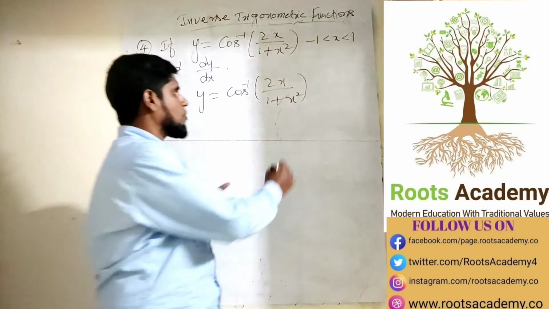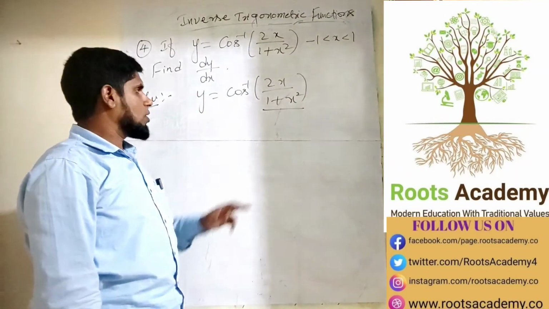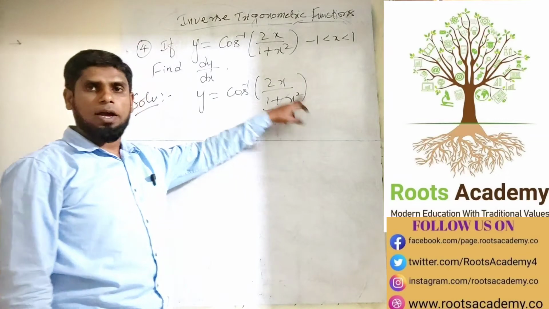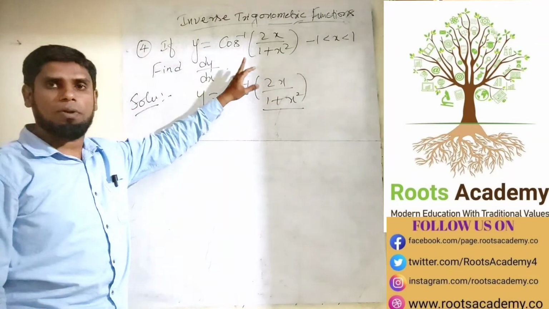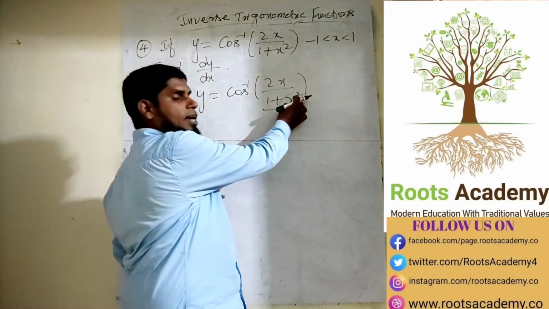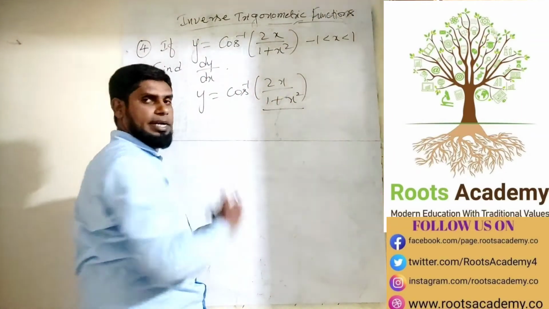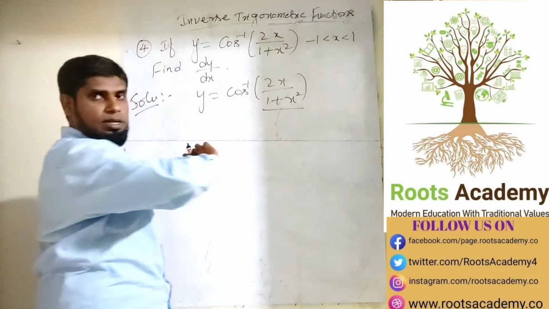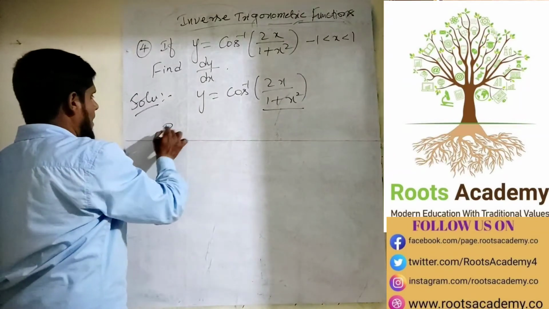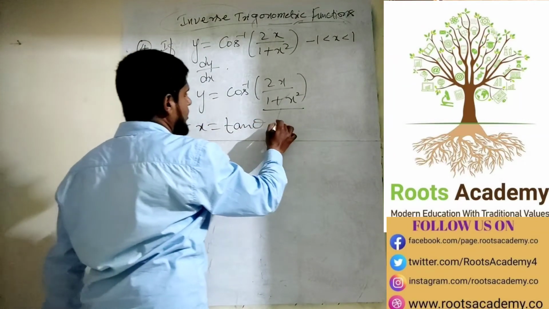In this problem, I have 1 plus x square. When I have 1 plus x square, according to the three cases which we discussed before we started the problems, I can consider x as tan. I can substitute the value of x as tan theta. So let me directly substitute. Put x is equal to tan theta here.